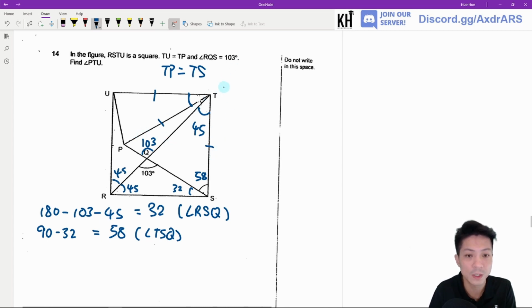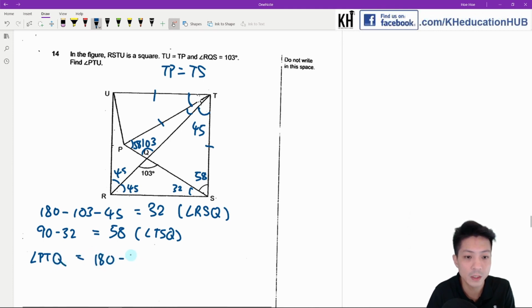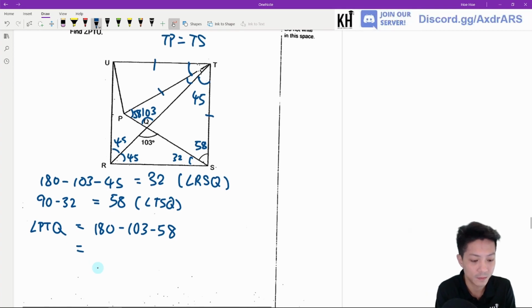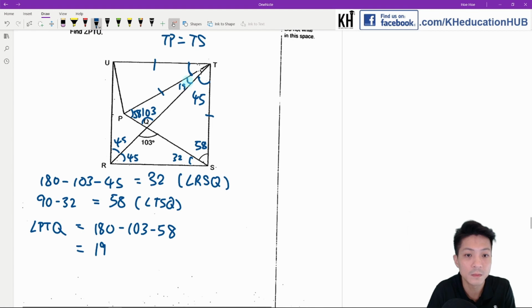Okay, so we know that triangle TPS is an isosceles triangle. Okay, which means that I know this is also 58. Okay, once I know that this is 58, then I can find angle PTQ, which is 180 minus 103 minus 58. Gonna be 19, so this angle over here is 19.